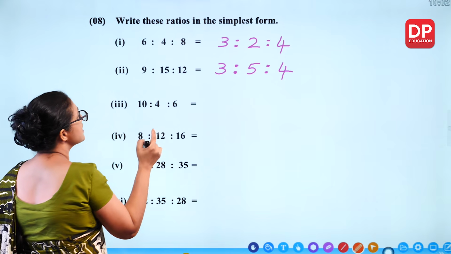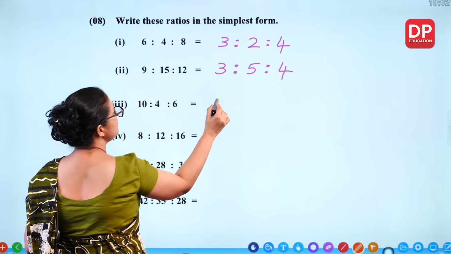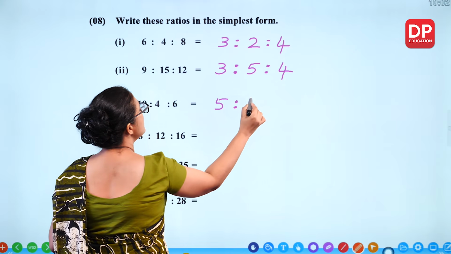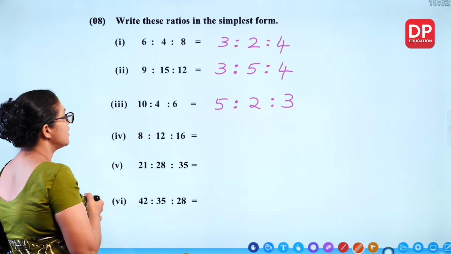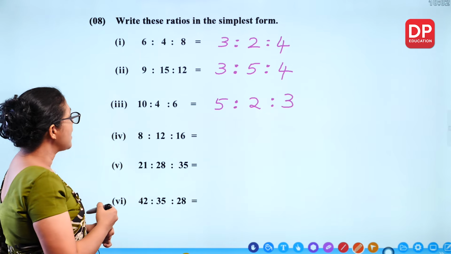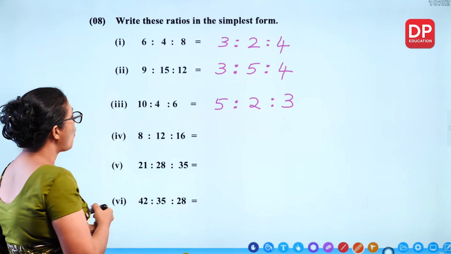10, 4, 6 divided by 2, you get 5, 2 and 3. 8, 12, 16, you can divide by 4.